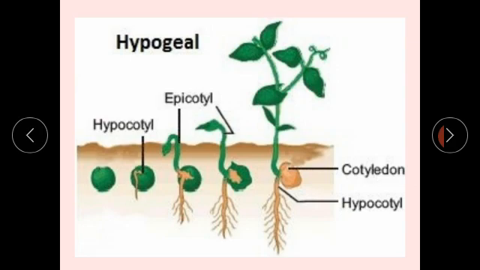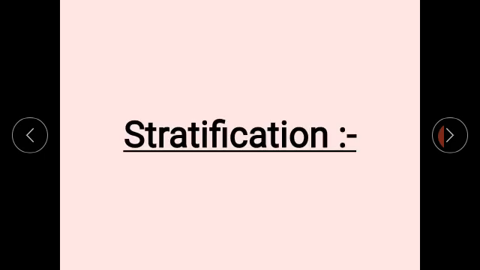You can see here, this is the description of hypogeal germination. You can see here that the cotyledon is inside the soil and there is greater elongation of epicotyl. This is the part of the stem which is called epicotyl.